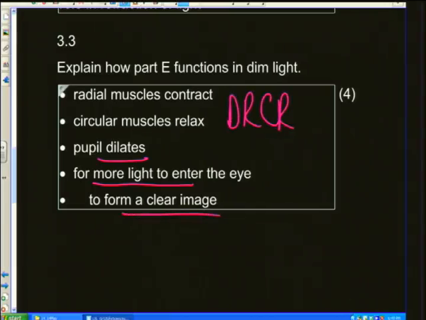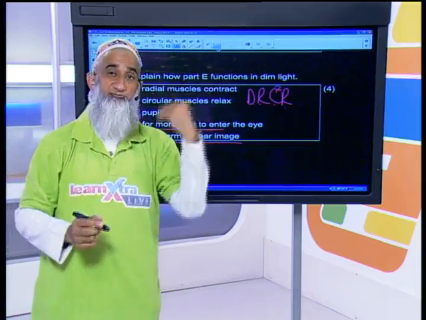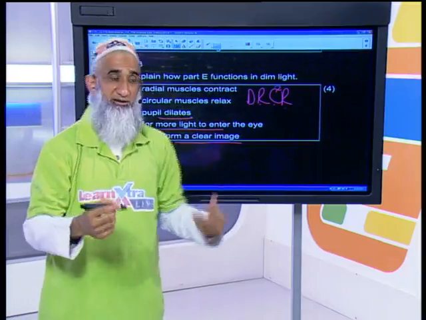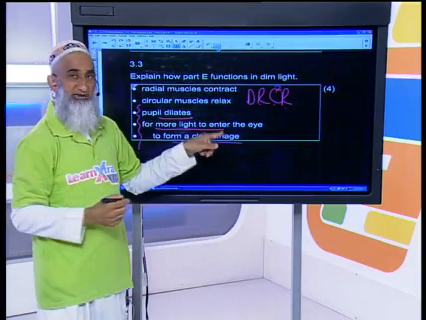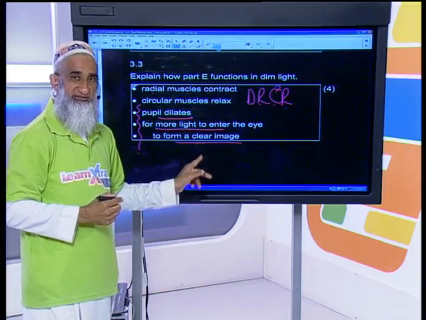In dim light, the radial muscles contract and the circular muscles relax. That part is the hard part. The second part is obvious. Because it's dim, we want as much light as possible to come in. The only way we can do that is if the pupil dilates to allow more light, and the last part is always the case, whether it's near, dim or bright.